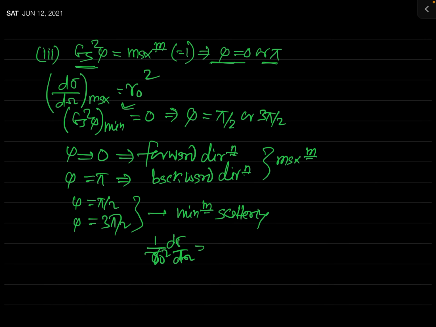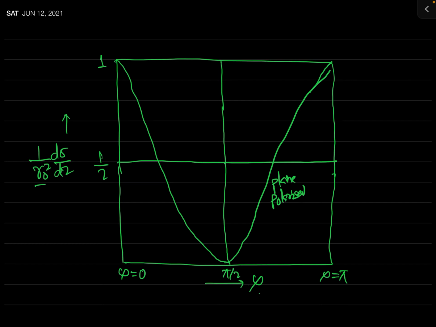So the value of this 1 over r naught square d sigma by d omega will be 1 by 2 in case of the unpolarized wave. So you can see this curve will be like this. This is the unpolarized wave. This curve is symmetric about phi equal to pi by 2. So this is the graphical plot in case of polarized and unpolarized wave.